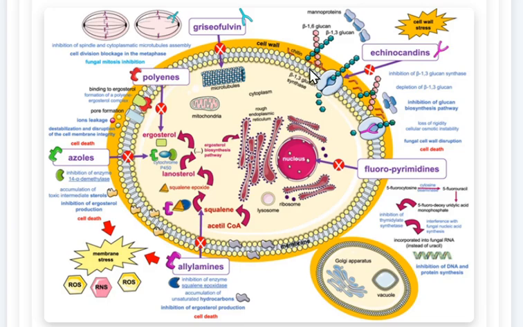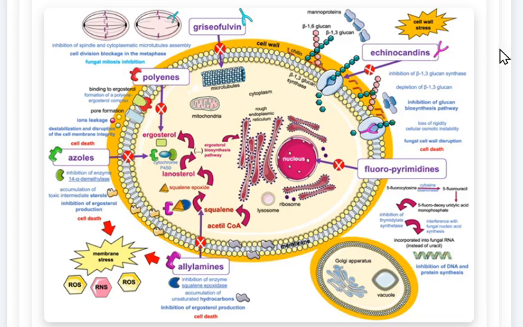This enzyme produces glucan, which forms the fungal cell wall. Without glucan, the wall becomes weak. Eventually, the fungal cell ruptures. Echinocandins are therefore excellent drugs against Candida species. Finally, griseofulvin. This drug binds to fungal microtubules. Microtubules are essential for mitosis. Once microtubules are disrupted, cell division stops. Therefore, griseofulvin is classified as a fungistatic drug.